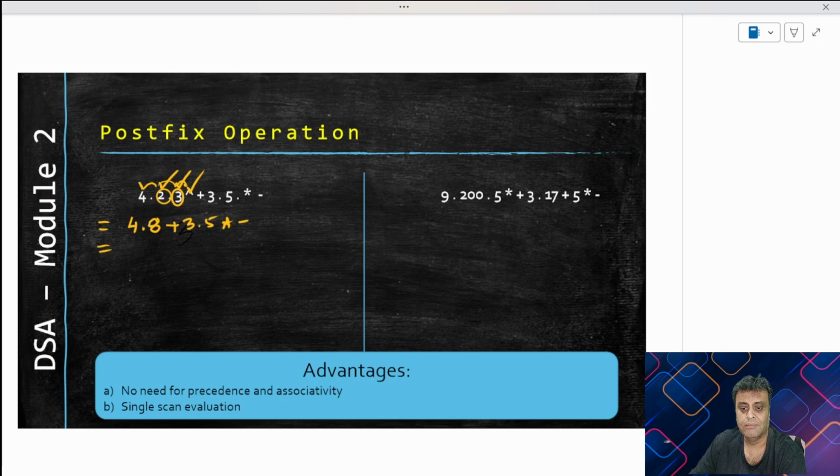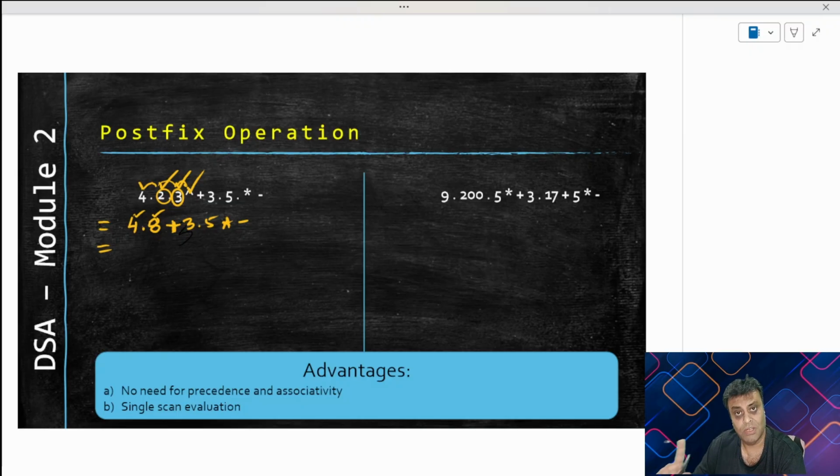Once this is done, the pass is not going to happen again, but I'm writing it in multiple steps for your easier convenience. Remember that we had evaluated till this point, 4 was there, 8 we evaluated. Now we are in a position to evaluate on plus. We are not going back and checking which is plus, which is star. We are going forward from the point where we stopped, right?